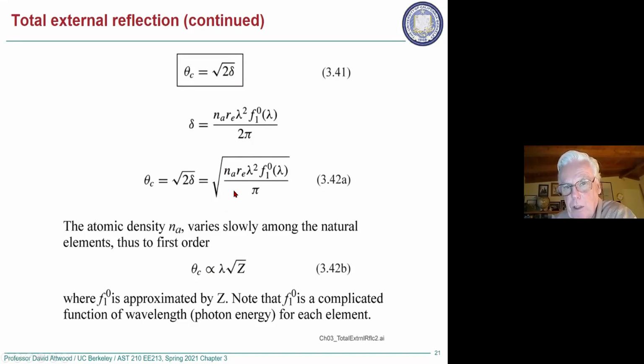This is just a proportionality, but the F1, in certain wavelength regions, not always, is a very complicated function of wavelength. But to some degree, at certain photon energy regions, it's approximately Z. So the critical angle depends on the wavelength and Z. If you want to have a reasonable angle, you might use a gold mirror.